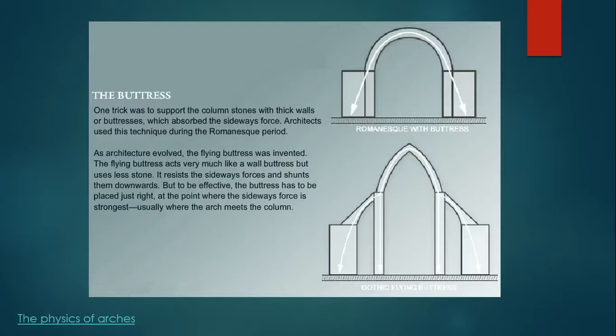And that also was used to absorb that outward force, but it was a way of building that outer wall to support the columns that didn't quite require as much stone as a regular buttress did. So let's see what happens if we add some buttresses to those arches.